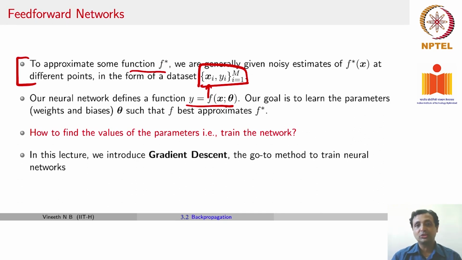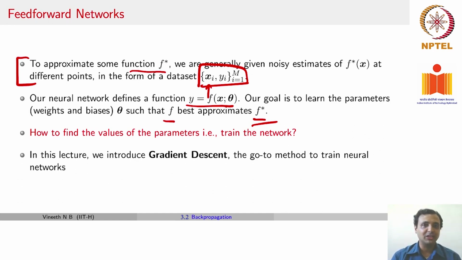Our goal is to somehow find a way that f can best approximate f star. Once again, let me clarify what f star is. F star is a hypothetical function which takes you from input to labels. So each of your training data points are instances of that function. And our goal now is, and we do not know what f star actually is in machine learning typically.